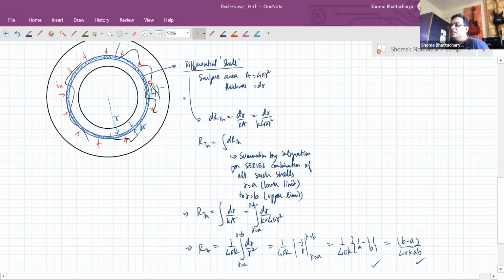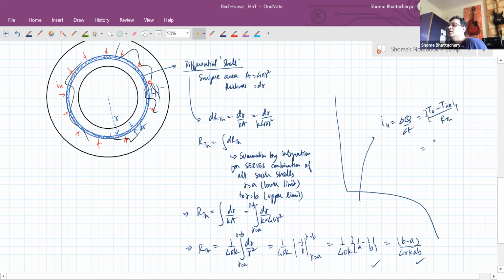And once you get the thermal resistance, the rest is you just substitute in the formula for thermal current. Heat current, or delta Q by delta T, is going to be the temperature difference, that is the temperature of the outside minus the temperature of the ice inside, divided by the thermal resistance.